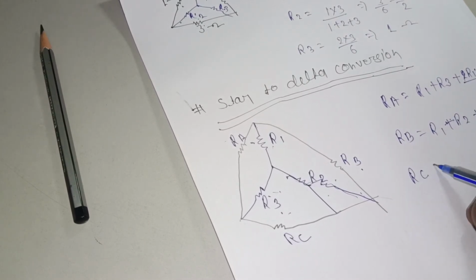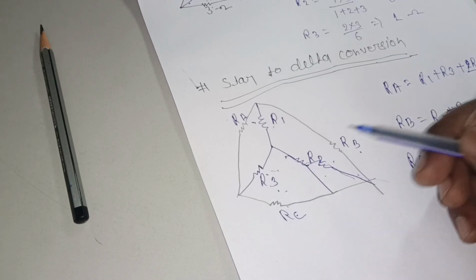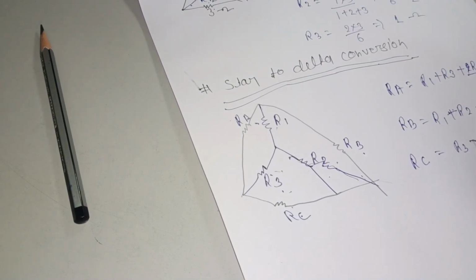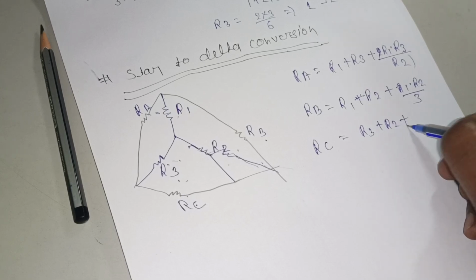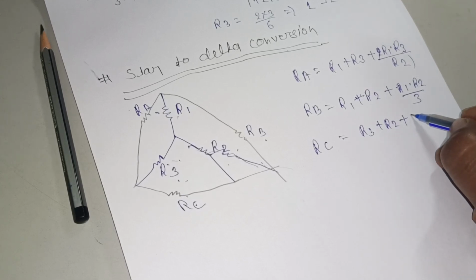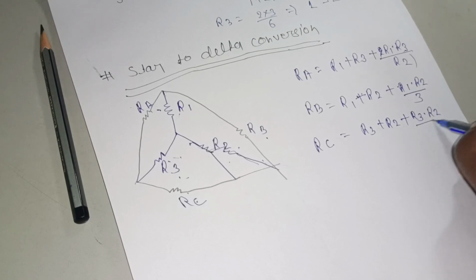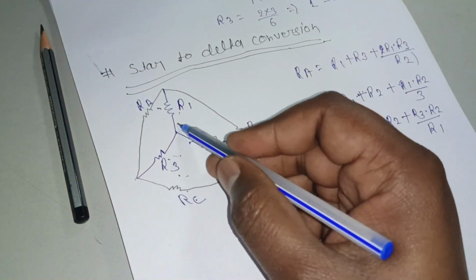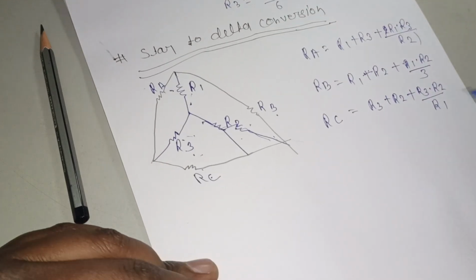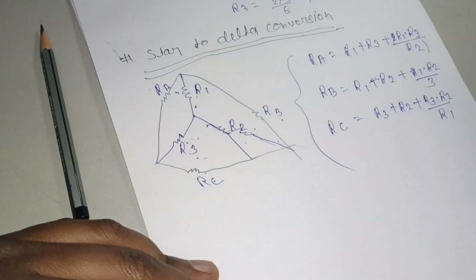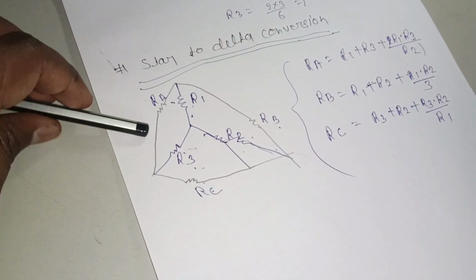Same with RC. RC is connected in between R3 and R2. So R3 plus R2 plus R3 into R2 upon the opposite side of it, R1. Okay, so this is how we find the values of RA, RB and RC in star to delta conversion.